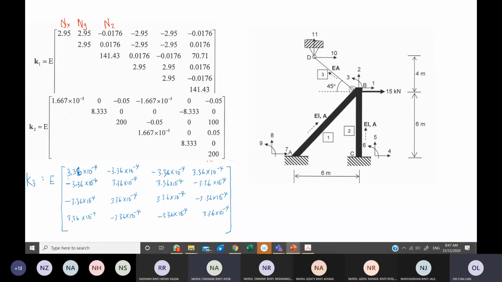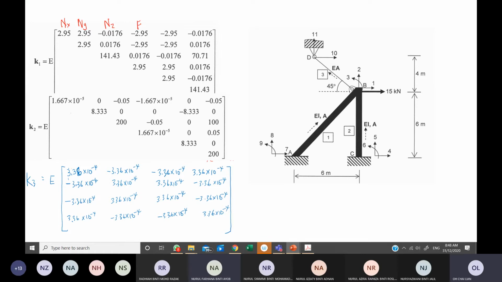Near end. Yes, this is near end. NX is near end at X direction, NY is near end at Y direction, and NZ is near end at Z direction. Okay. How about the others?